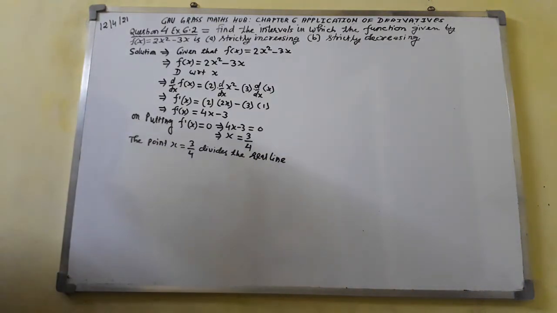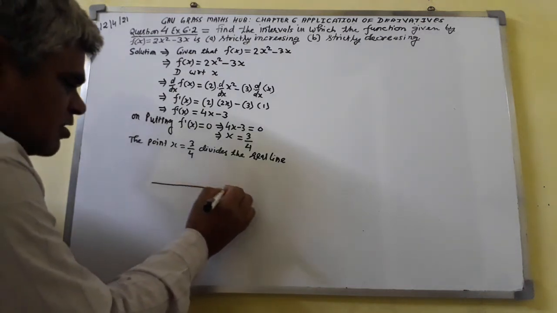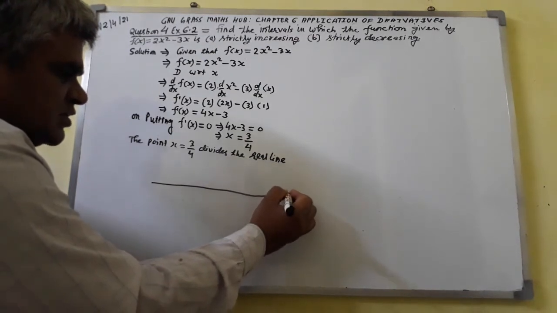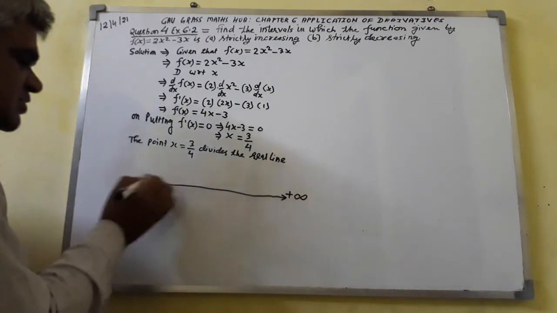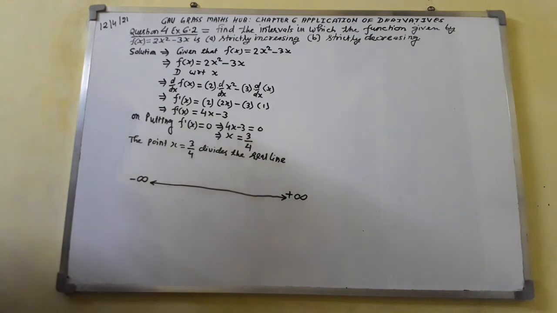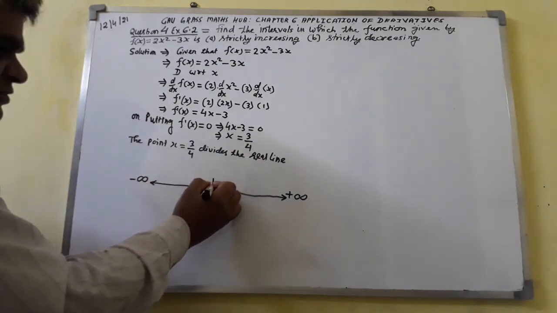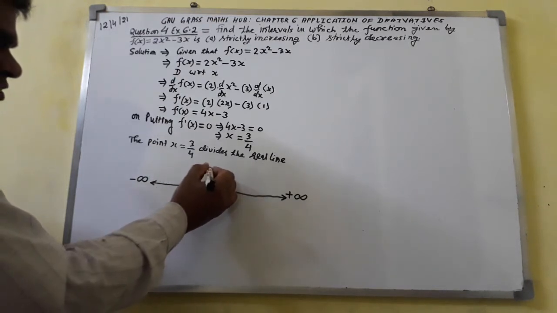Now I shall make a graph of the real line here. Here plus goes up to infinity, here minus goes up to infinity, and here the divider is 3 over 4.